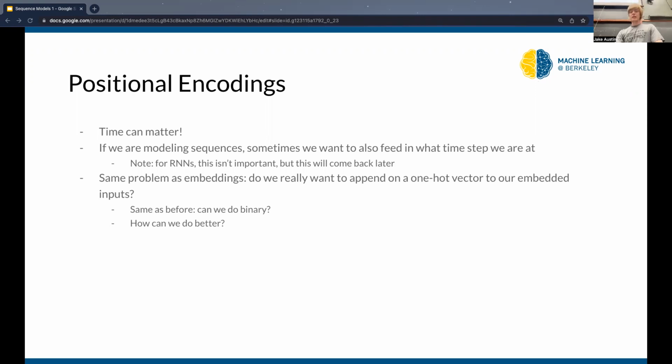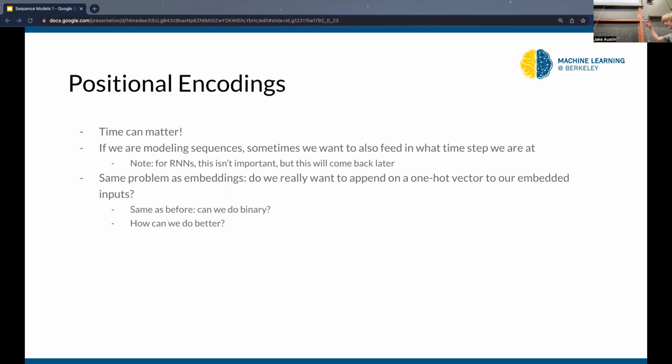Something slightly better might be binary. So it's basically looking at how we represent a one-hot vector that represents something. This is the 0th element, this is the first element in our sequence, second, with the idea being that we take this one-hot vector representing the position we currently are in our sequence and concatenate it onto every single element in our sequence.